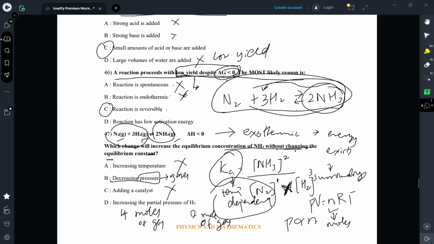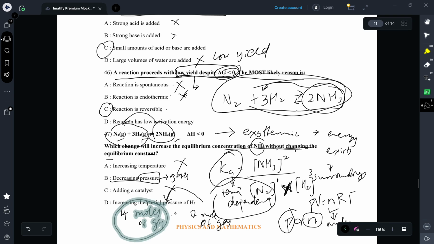If we decrease the pressure, the reaction will go in the direction of this side because it needs to increase the pressure. As I told you, the more the moles, the more the pressure will be. So it will go on this side, and this will actually decrease the equilibrium concentration of NH3 because the reaction will be favoring the backward side.